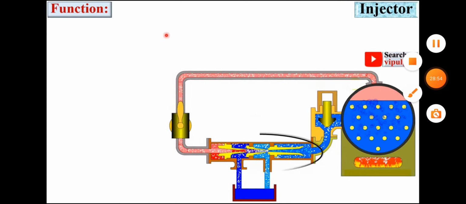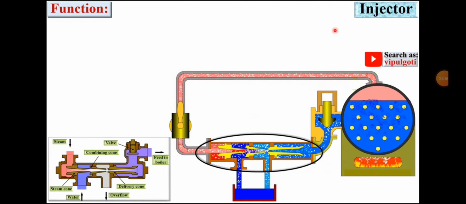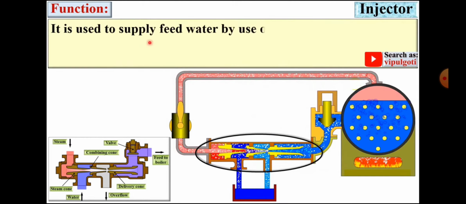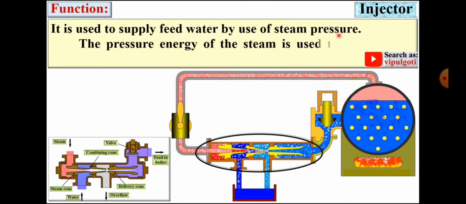So let's start with the function of the injector. Here you can see this one is the injector, and if you see in detail with the name, it is used to supply feed water by use of steam pressure.